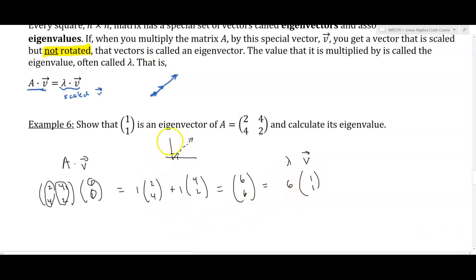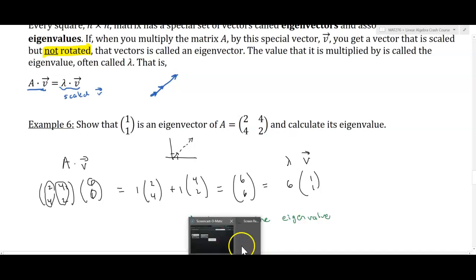All we did when we multiplied A by V is we noticed that we ended up with a longer vector. So lambda equals 6 is the eigenvalue. Sounds like a fancy name, but all it is is a scalar. It's the scalar by which that vector gets multiplied when it's transformed.